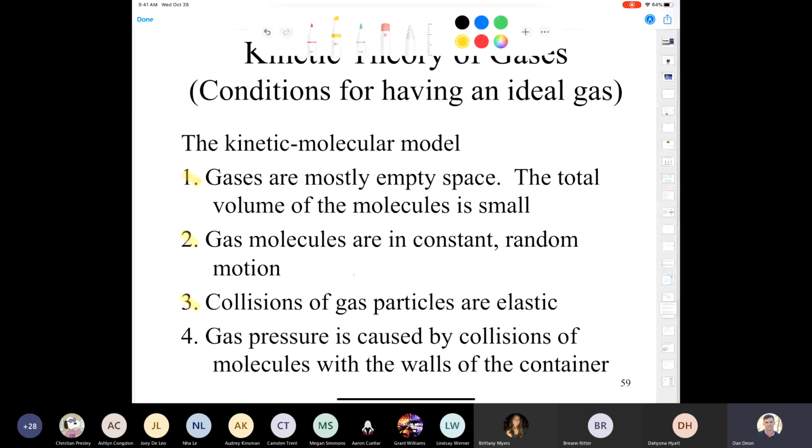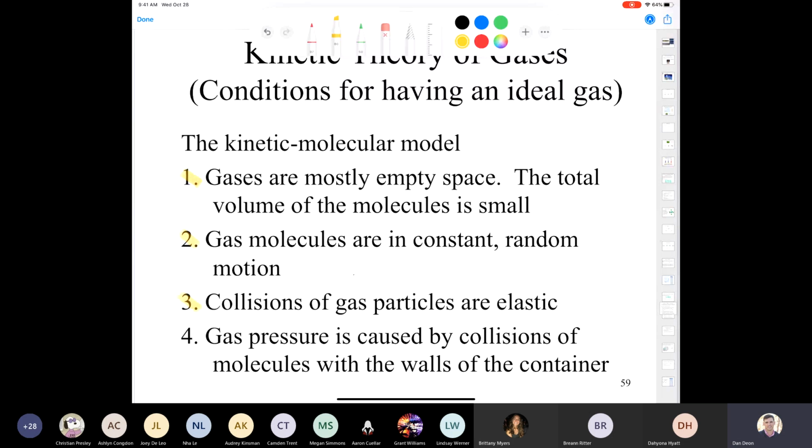Anyhow, collisions of gas particles are elastic. Now, if you think about classical physics, if you have ever played pool before and you hit a pool ball as hard as you can, is it going to rebound off of the side of the pool table? Well, the answer is yes, of course it will. But because of the force of friction, the pool ball eventually is going to slow down, okay?